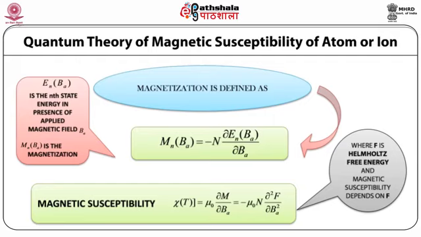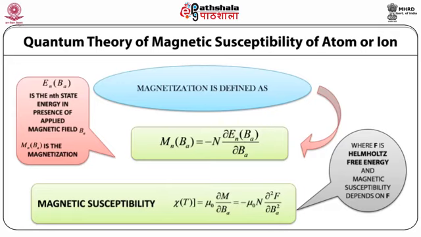So, what are these quantities which are appearing in this formula? En(Ba) is the nth state energy in the presence of applied magnetic field Ba, and Mn(Ba) is the magnetization, which depends of course also on the externally applied magnetic field Ba.